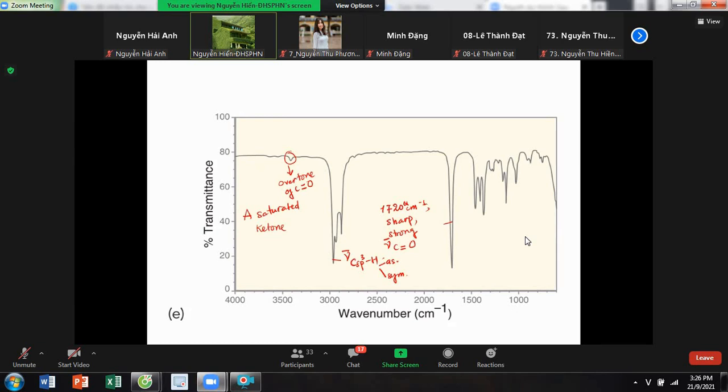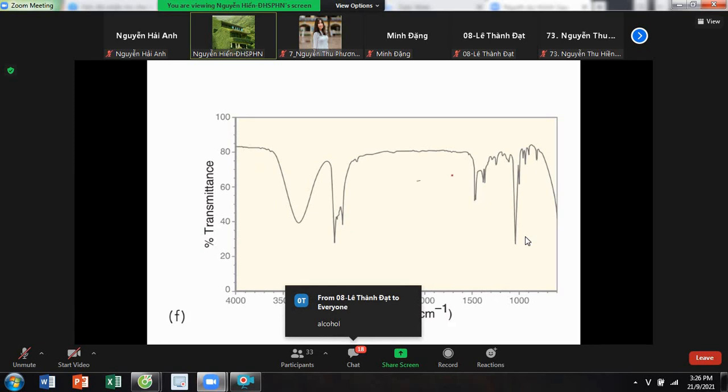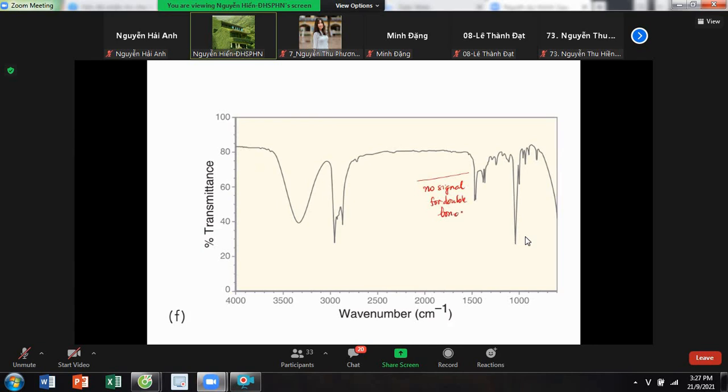So this, yeah, alcohol, thank you. So no signals for double bond. These are the absorptions of CsP3H just below 3000, two different kinds, symmetric and asymmetric.